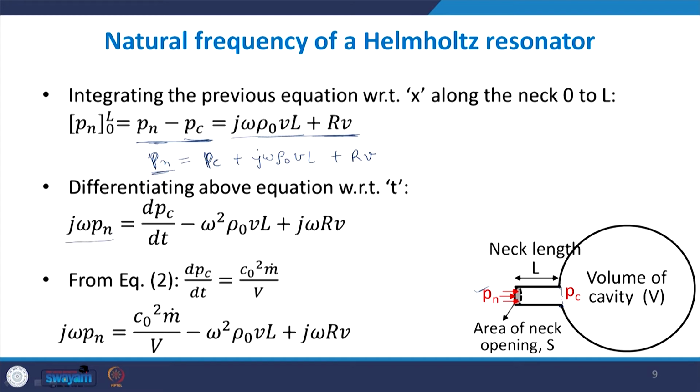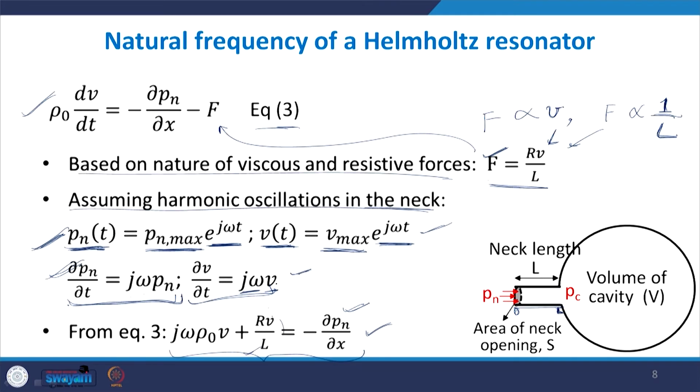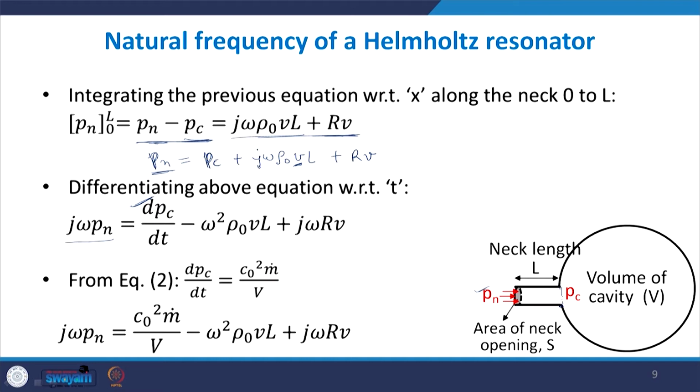This becomes del Pc by del t, and if you differentiate the right side with respect to time, V is again j omega times V. So, it will be j square omega square rho naught Vl, and j square omega square becomes minus omega square, since j square is minus 1, where j is obviously root of minus 1. And this becomes j omega RV.